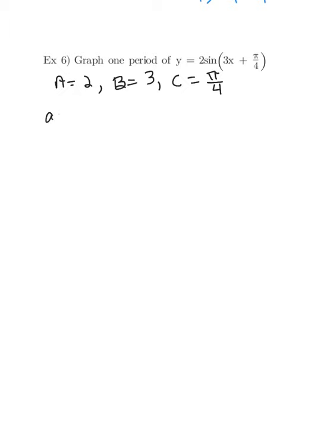So amplitude comes from the A. Amplitude's going to be 2. Period. Take standard period, which is 2 pi, divide it by your B, which is 3. So the new period length for this problem is 2 pi over 3.